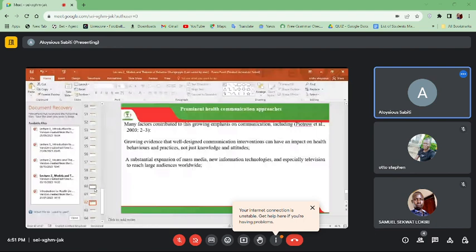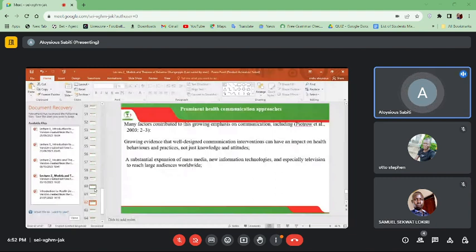Research has shown that well-designed communication interventions have been able to help in positive attitude change, but also to show good health practice among communities where such communication has taken place.